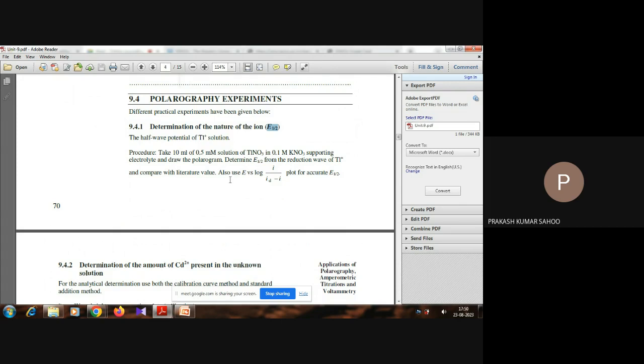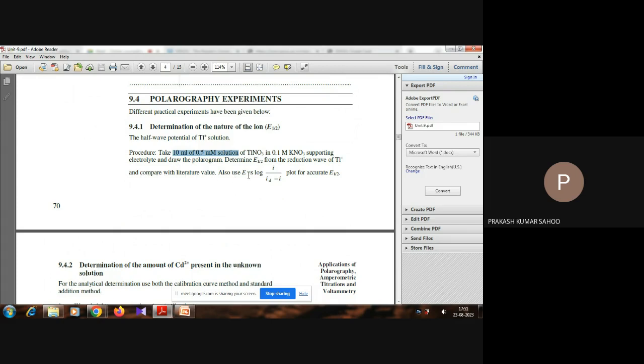What is the procedure? Take 10 ml of 0.5 millimolar solution of thallium nitrate in supporting electrolyte, 0.1 molar potassium nitrate, and draw the polarogram. Determine the half-wave potential from the reduction wave of thallium and compare with the literature value.